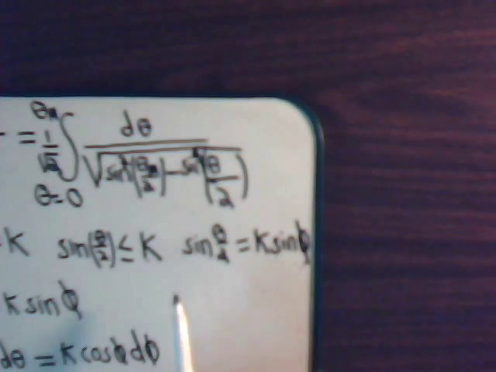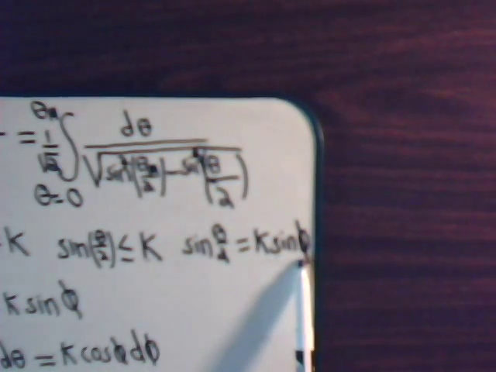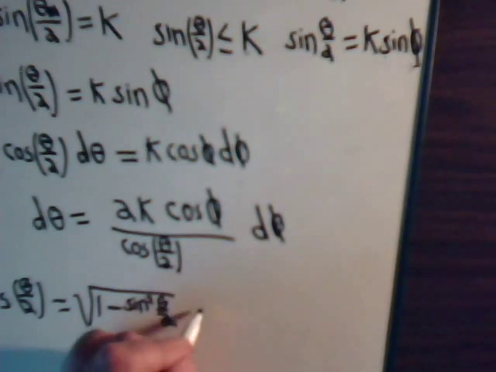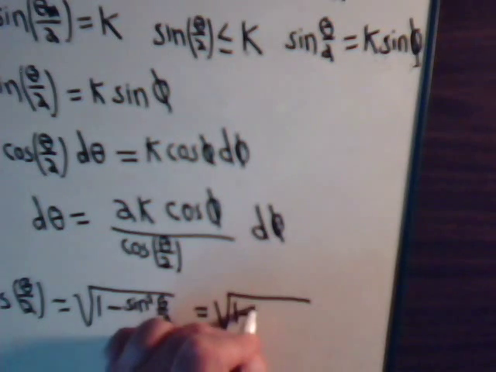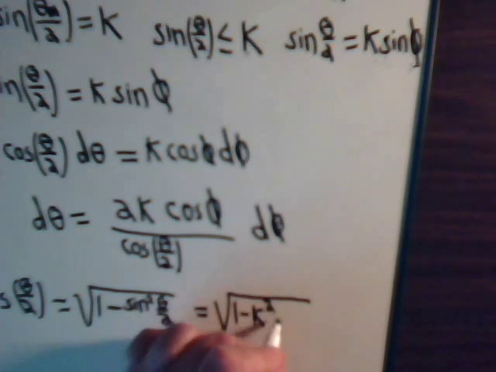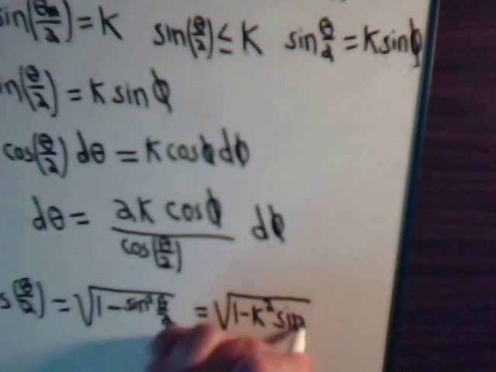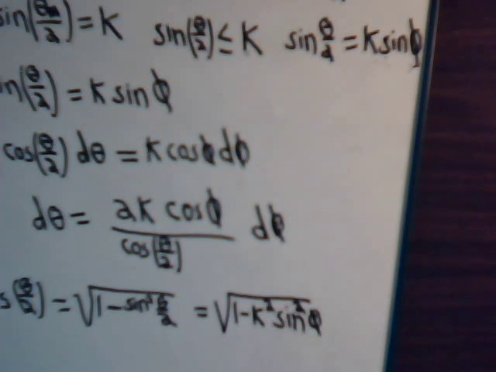The sine of theta over 2 was k times the sine of phi. So this equals the square root of 1 minus k squared sine squared phi. So we can substitute this right here where it says the cosine of theta over 2. So let's do that.